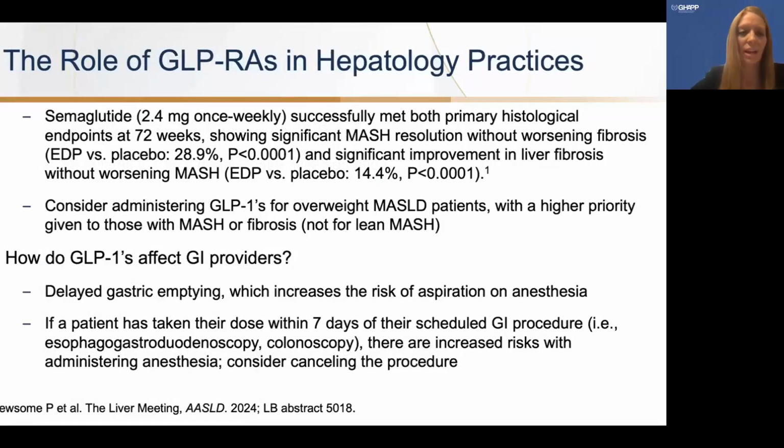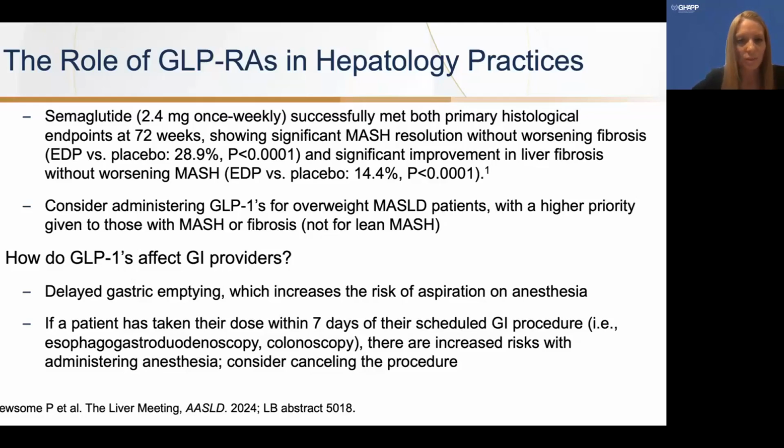So there was a trial called the ESSENCE trial where semaglutide was studied at 2.4 milligrams once weekly, and it was found to meet the primary histological endpoints at 72 weeks, showing significant MASH resolution without worsening fibrosis and significant improvement in liver fibrosis without worsening MASH.